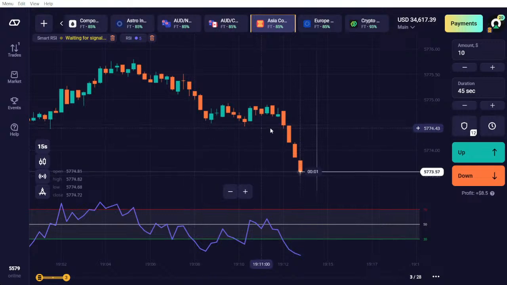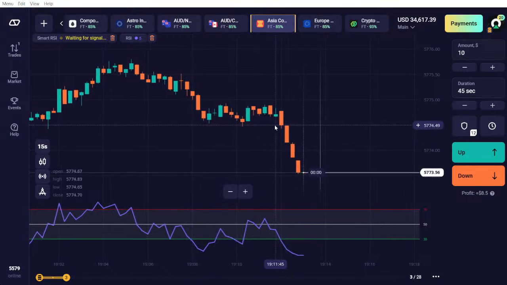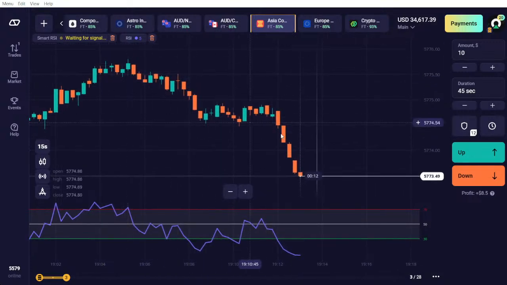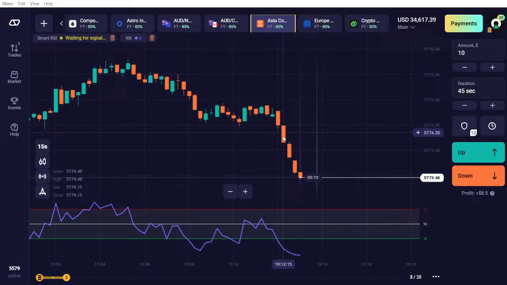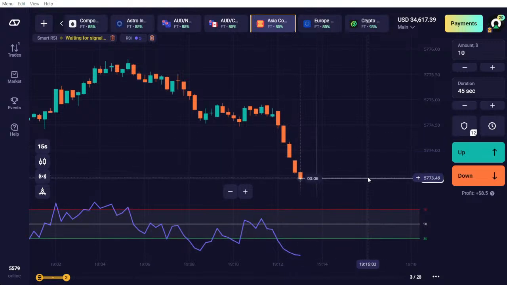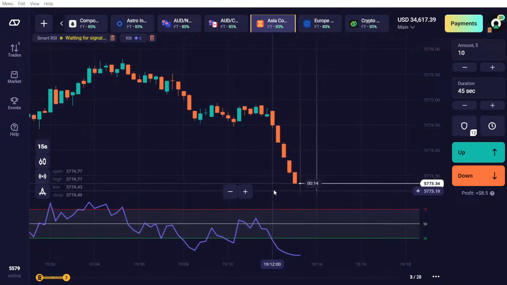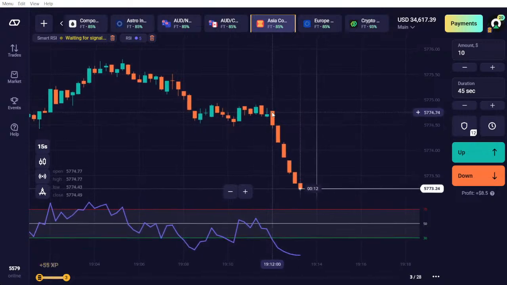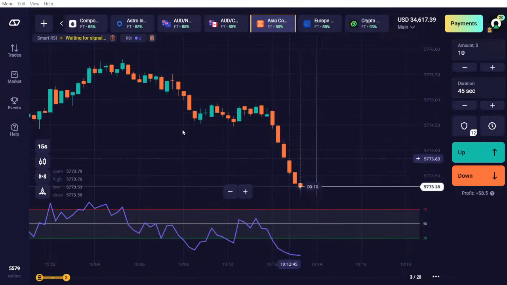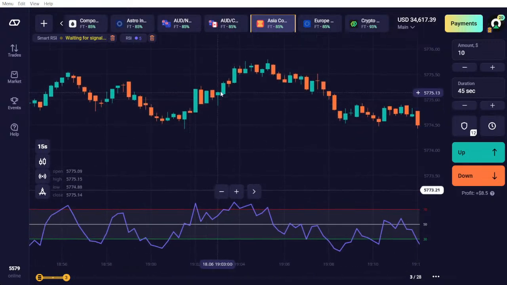You can use this RSI individually. You can use it with 5 also, or I suggest going for 7 or 14. You can use it only with 14 also. All you need to focus on is whenever the market is either in the oversold zone or in the overbought zone, and you observe back-to-back red candles or back-to-back green candles in the market.